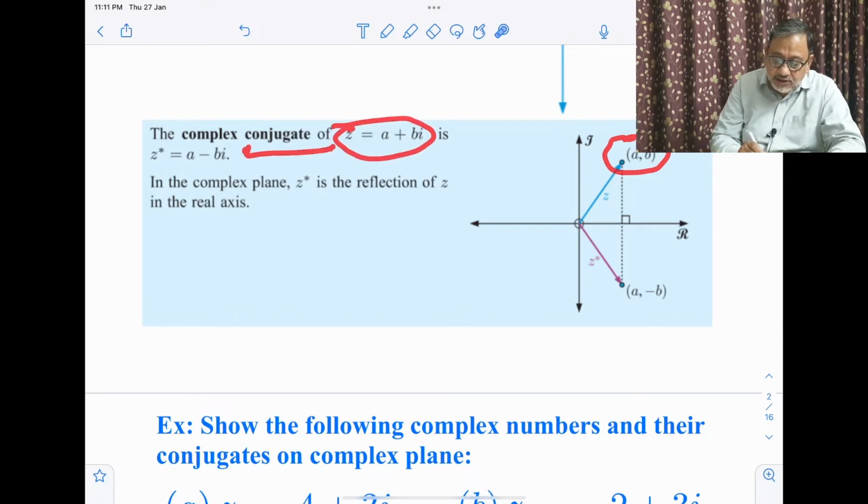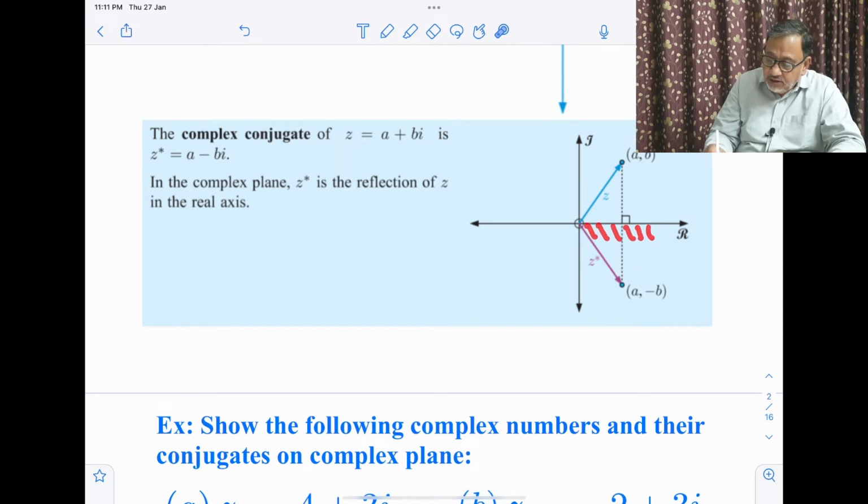Now its conjugate is represented as a reflection in the x-axis. So the real axis will be treated as a mirror line, and the reflection of the upper complex number will be below the real axis, and it will be represented by (a, -b).